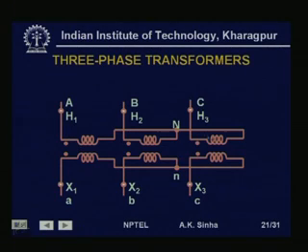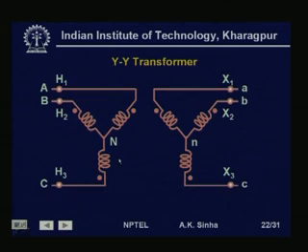Now, here we have shown how 3 windings can be connected to create a star-star transformer, which will look like this. Here the high voltage windings we are representing by H. So, H1, H2, H3 represent the 3 terminals of the high voltage winding, to which phase A, B and C are connected.